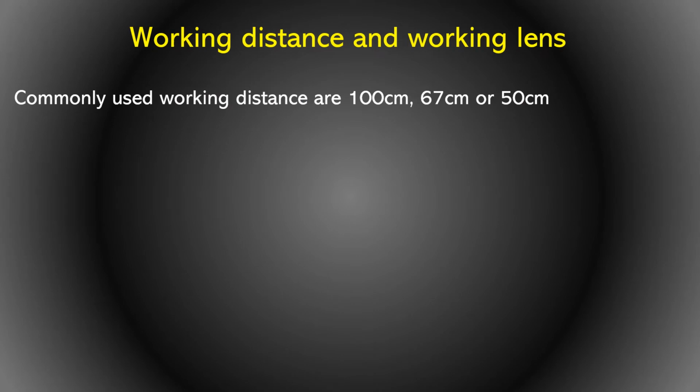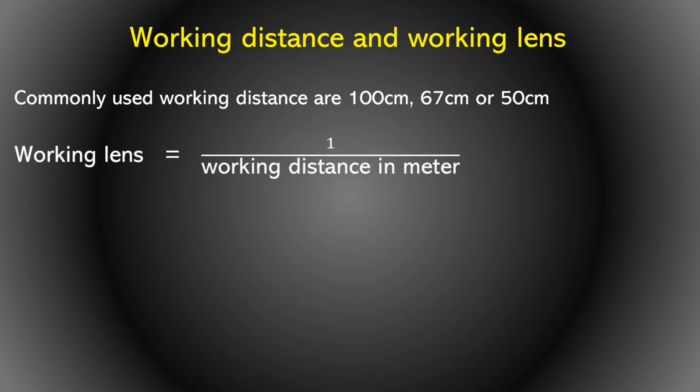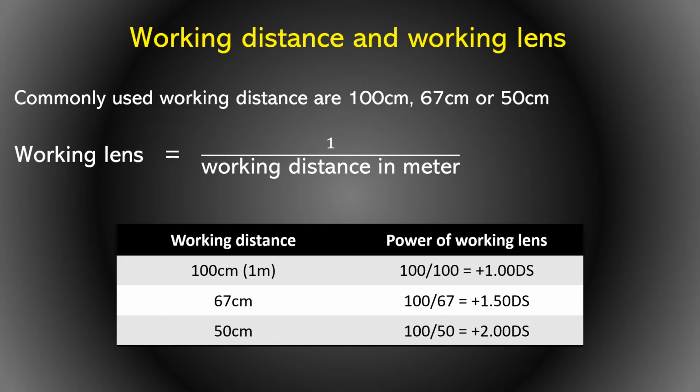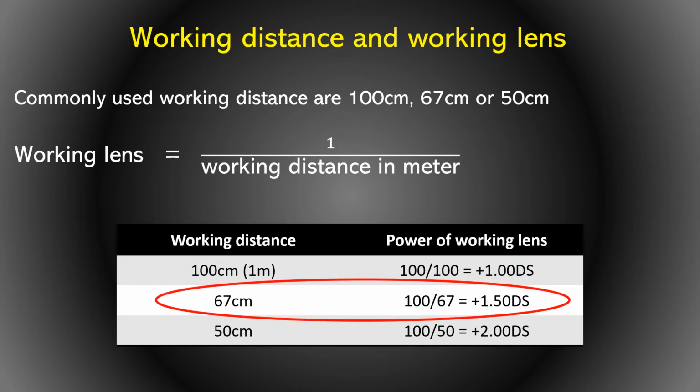Working distances which are commonly used are 100 cm, 67 cm or 50 cm. Now the working lens is the reciprocal of the working distance. If you are doing retinoscopy at 100 cm distance, then the working lens would be +1 diopter. Accordingly, the same goes for 67 centimeter: the working lens would be plus 1.5 diopter.